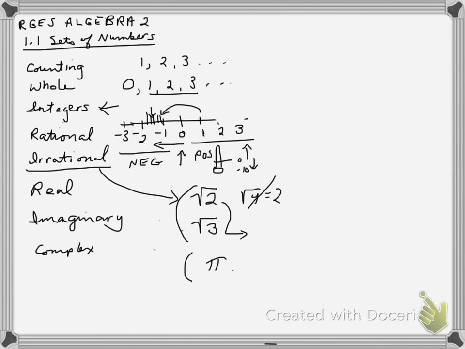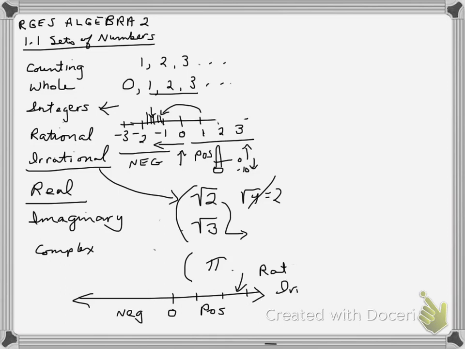Now, real numbers. Real numbers are the whole group of everything we've talked about so far. You could think of it as everything on the number line: the positive whole numbers, negative whole numbers, the number 0, and everything between those whole numbers, which would be found by both the rational and the irrational, can both be placed on the number line.